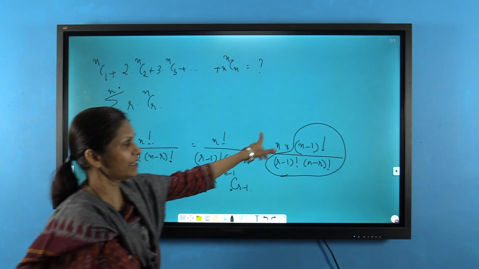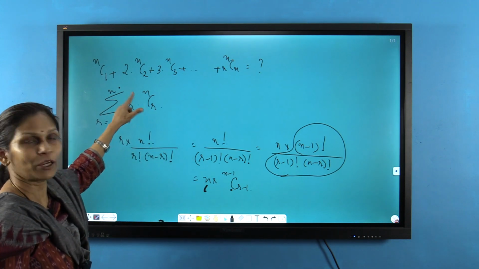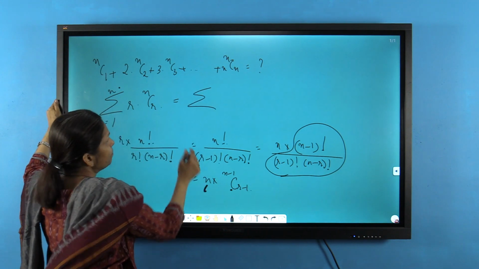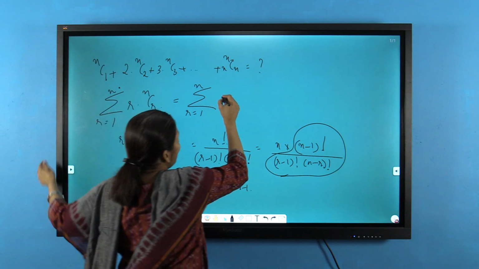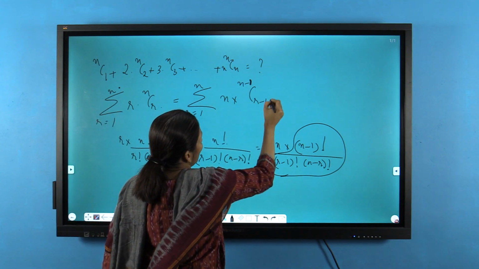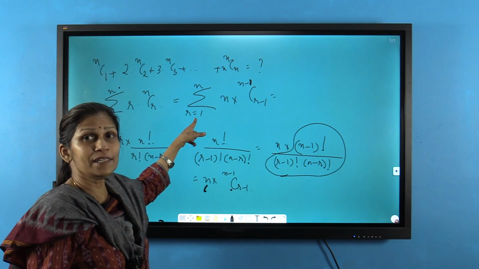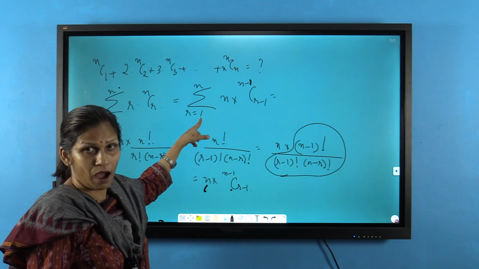Now, let me go back to my question. So, this would be what? Sigma, simplified to the form r is equal to 1 to n, n into n minus 1 C r minus 1.